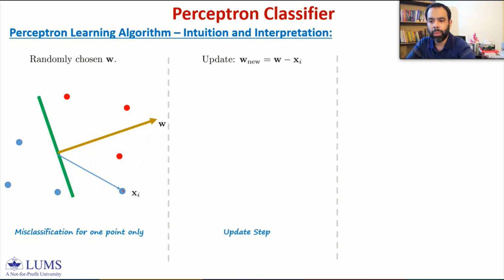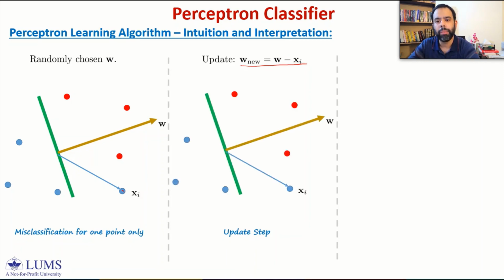So between W and xi, the angle is less than pi by 2, but we require for every xi with label -1, the angle should be greater than pi by 2. So we update the weight as weight minus xi. Okay, let's analyze this weight geometrically.